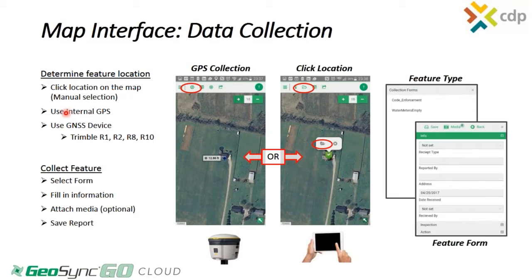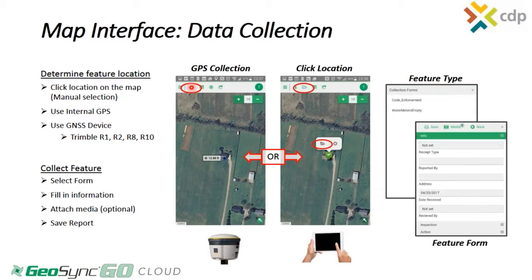If you're utilizing GPS, either internal GPS or your GNSS, you'll see your location on the map. To collect information at that actual GPS coordinate, you go to the top menu bar, and there's a little round icon that looks somewhat like a compass.